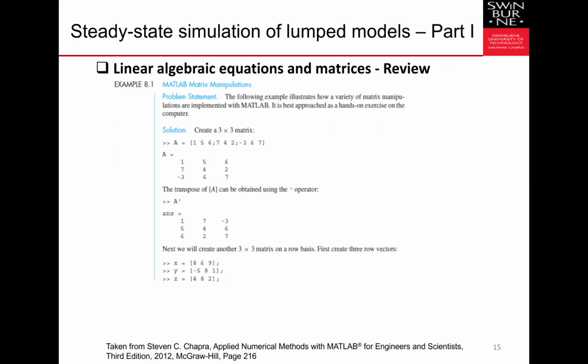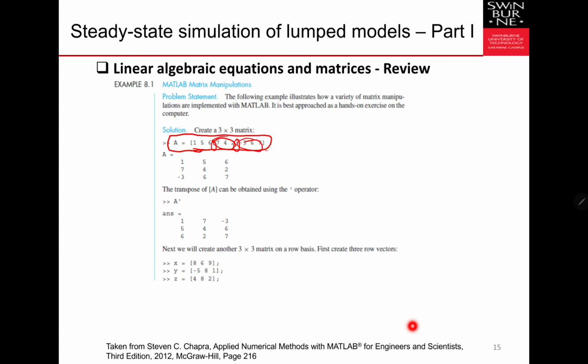Therefore, here we give an overview of examples of creating a matrix. A 3 by 3 matrix can be created by writing this line into MATLAB, where the semicolon indicates a change of row. This is the first row, this is the second row, and this one is the third row.